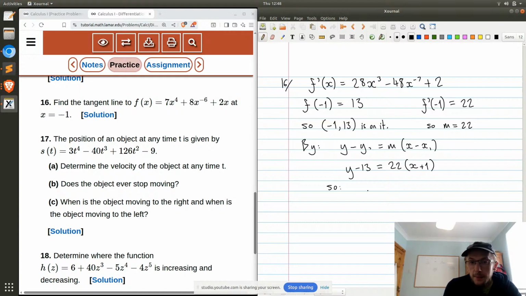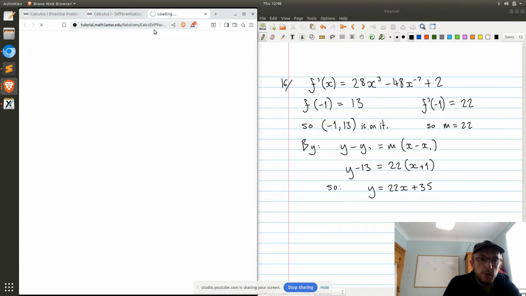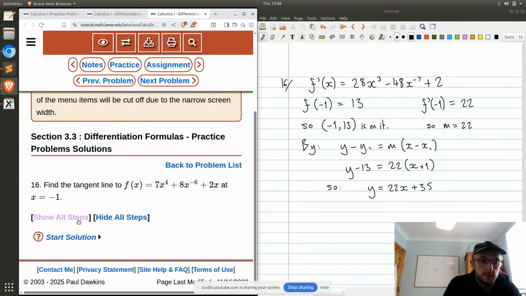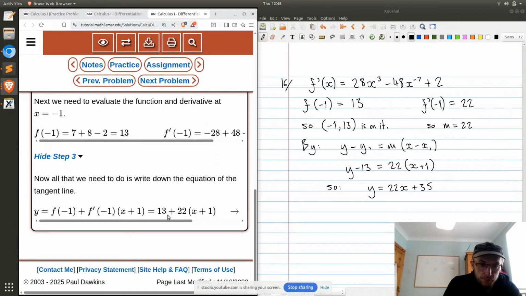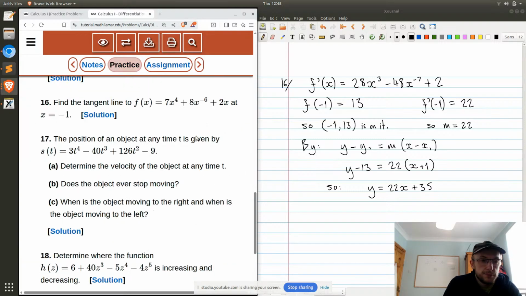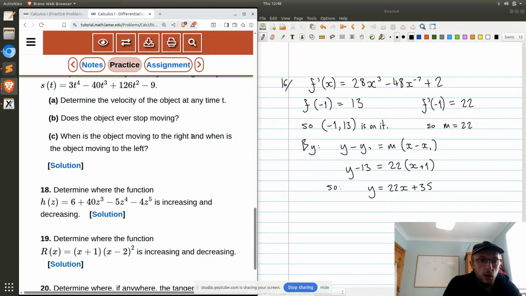Last step now, y is equal to 22x, and then we have a 22 there, and we have to add 13 to it, so we get 35. And that should be right. And there you go. It's correct. Okay.